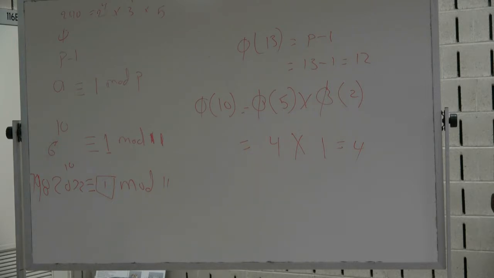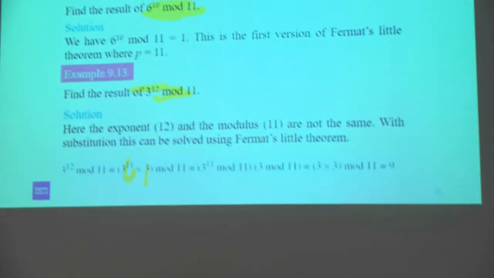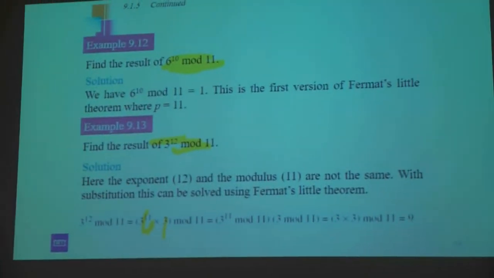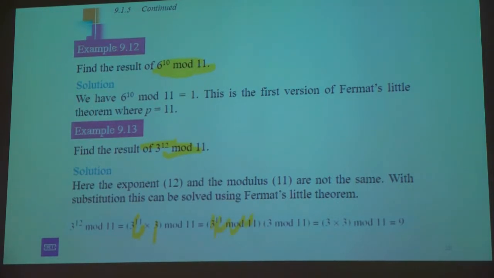3 to the power 12, mod 11. What do we do with this? We have to factorize it a little bit. 3 to the power 12 can be 3 to the power 11 multiplied by 3, mod 11. Then you have the mod 11 of each, multiplied. For 3 to the power 11 mod 11, which rule applies?